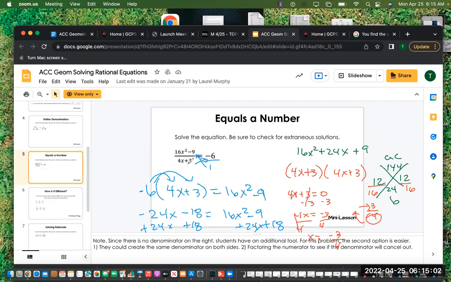Okay, so that's a problem. If I took -3/4 and plugged it back into this bottom piece, because I don't care about the top, I care about the bottom, then I would get an extraneous solution. So I would get undefined. So this one is going to have no solution. Okay.